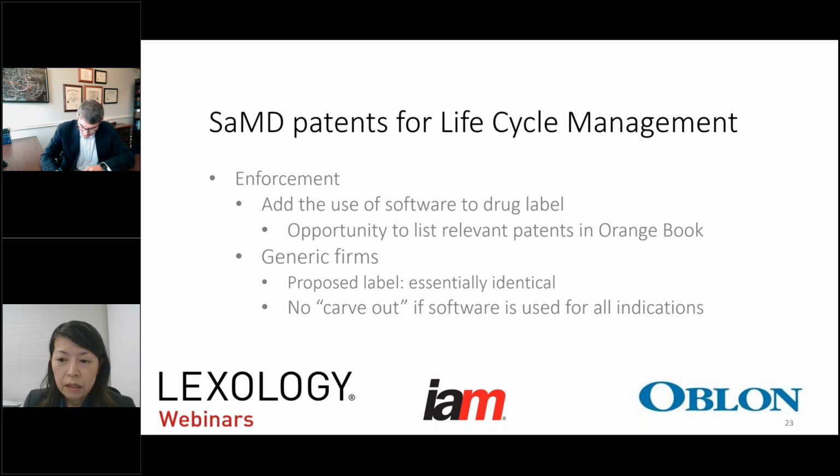In terms of the label, that would essentially be a copy of the reference drug's label. Since the drug label by the pharma company mentions the software use, the generic proposed label would mention the software use also.